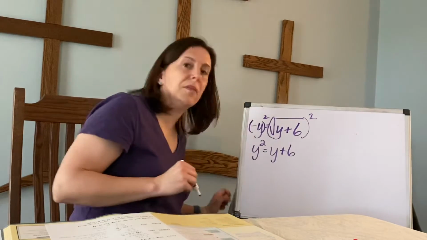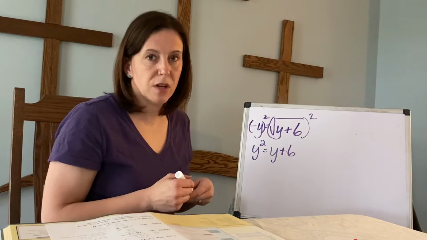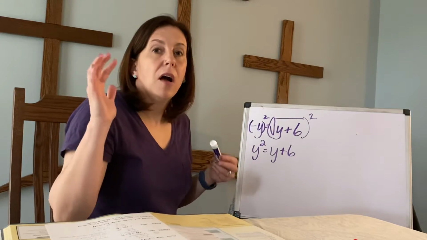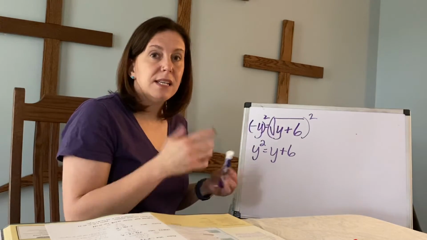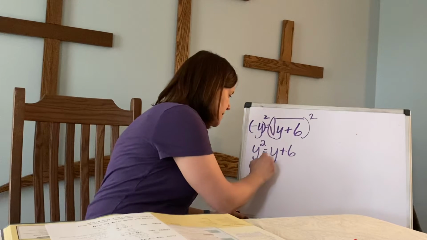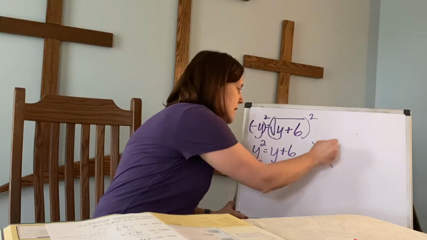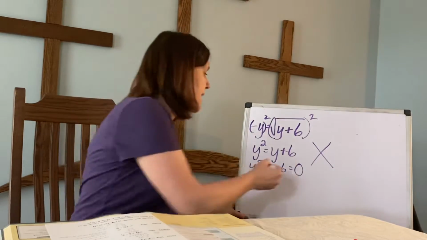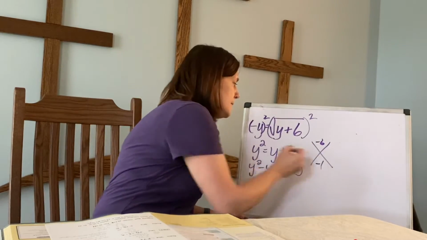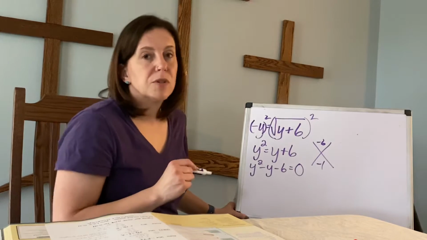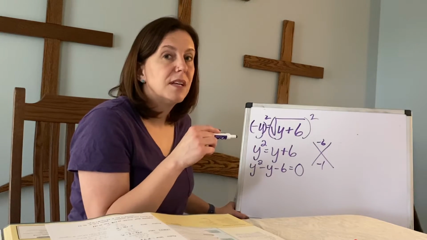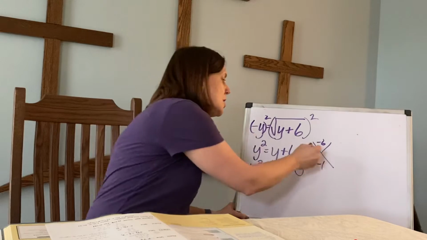Okay. Just like our last problem, I now have a quadratic equation. I need to get everything to the left side in descending order before I can factor it. So that means I'm going to subtract y, subtract the 6, and set that equal to 0. I'm going to use my x form. I need two numbers that multiply together to get me -6, but add together to get me -1.